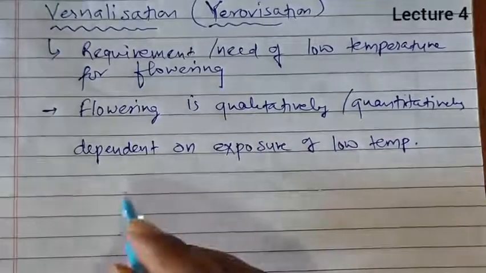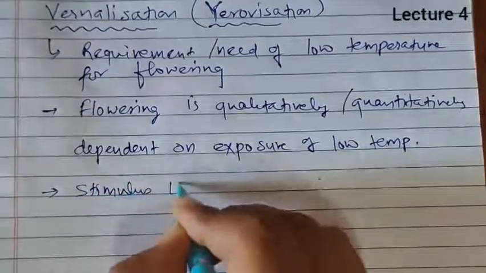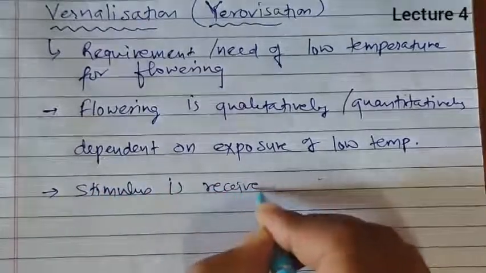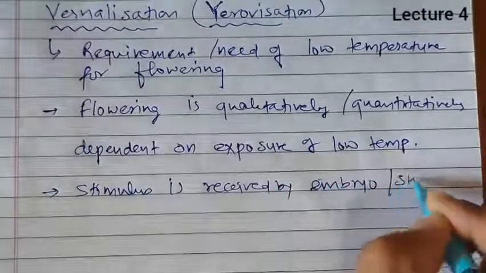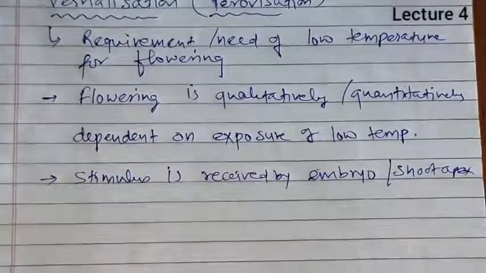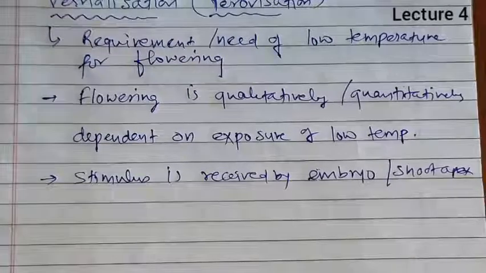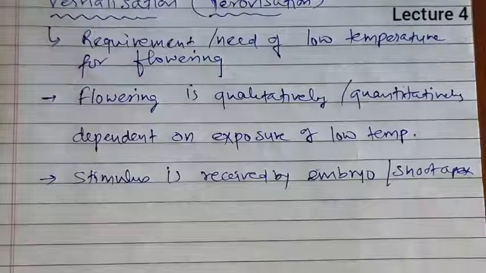Now the stimulus is received by the embryo or shoot apex, whereas in photoperiodism we have studied that the stimulus of photoperiod is received by the leaf and then transferred to the shoot apex.